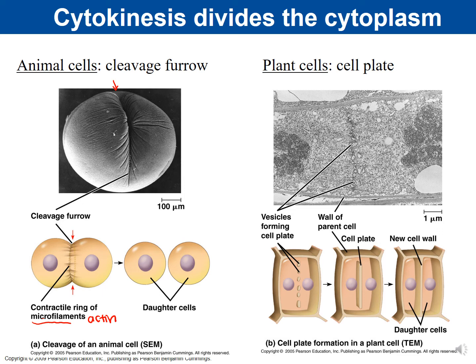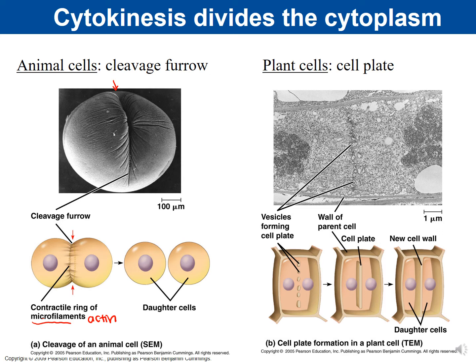And one of the things that you'll learn is that cytoskeletal elements, actin for example, work with a motor protein. And in this case, the motor protein is called myosin. Actin and myosin also work together for muscle contraction. And that's because myosin, the motor protein, is going to walk along the actin and it causes it to contract.